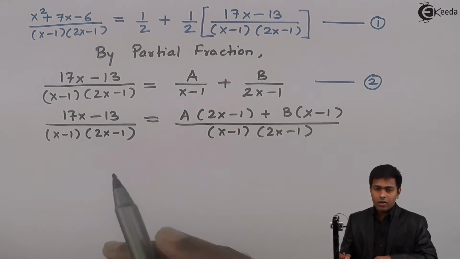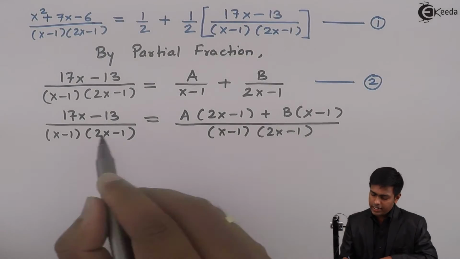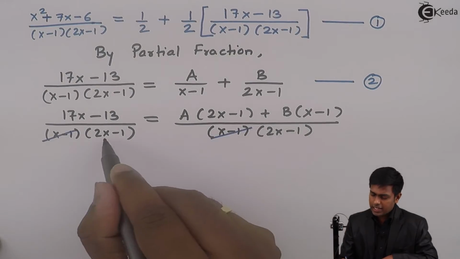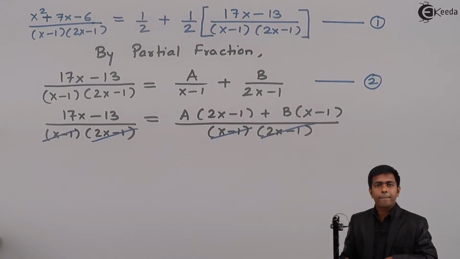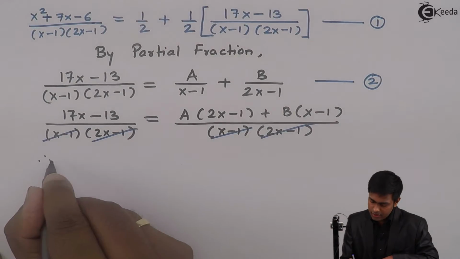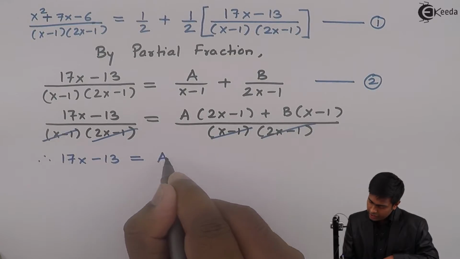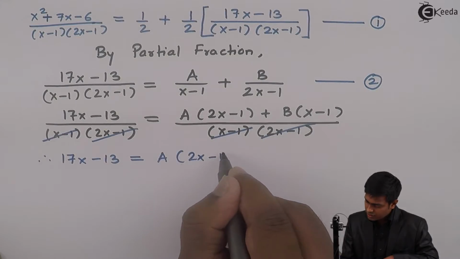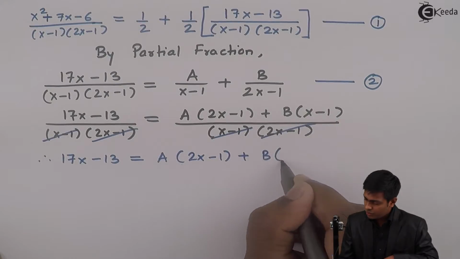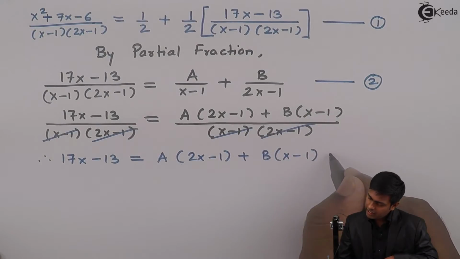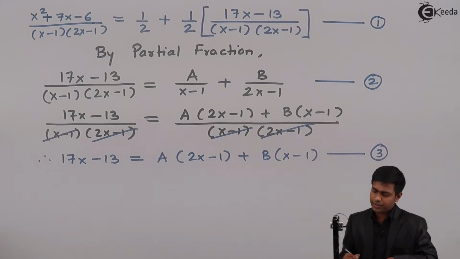So now from both sides we can cancel x minus 1 as well as 2x minus 1, and we will get 17x minus 13 equal to a into 2x minus 1 plus b into x minus 1, and I will say this as equation number 3.